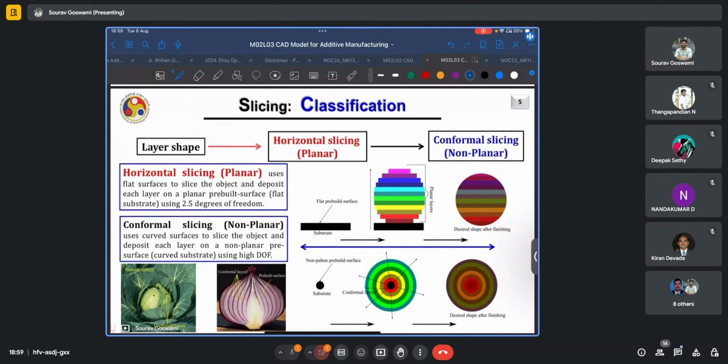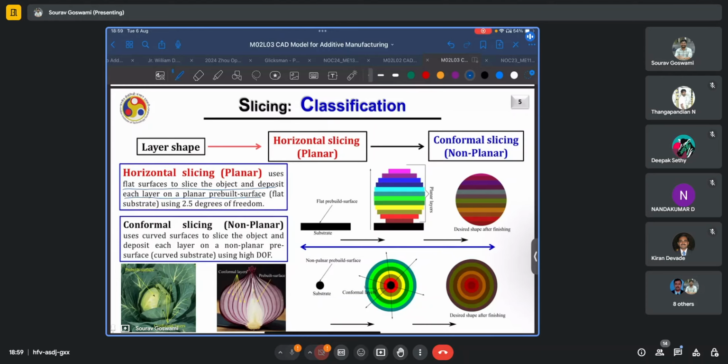Now, the layer shape that is used for slicing may itself be either horizontal, in which case the method is called planar slicing, or it can be a non-conformal shape. You'll see. So for horizontal or planar slicing, we use flat surfaces to slice the object and deposit each layer on a planar pre-built surface.